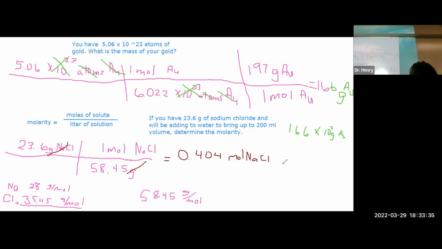So we have 200 milliliters, and we know that for every 1,000 milliliters, that equals 1 liter, or 0.001. So my answer would be 0.200 liters.